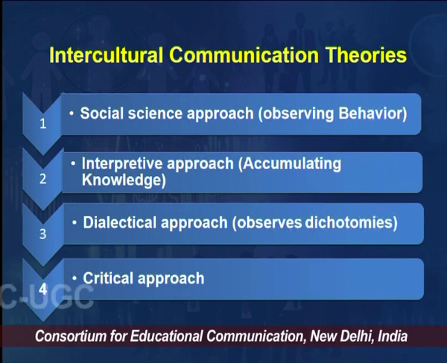In this approach, the people who are interacting are from diverse cultures, both the groups or both the persons. They are trying to observe the behavior, right? This is how they speak, this is how they smile, this is how they react, they nod this way or they nod that way, right?